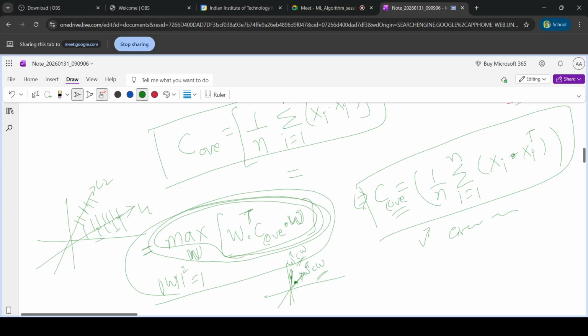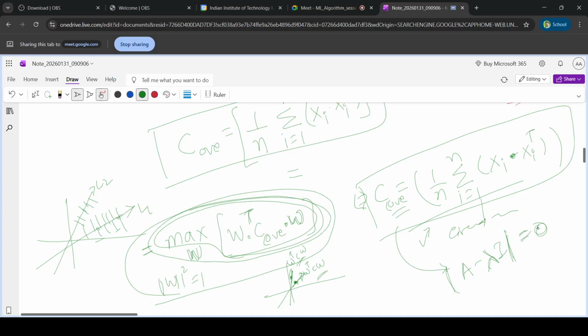This equation gives you the eigenvector, because as I mentioned, this is the covariance matrix. You know the formula is A minus lambda I equal to 0, and then you will calculate the lambda. Here A is the covariance matrix. You may have gone through this in ML.